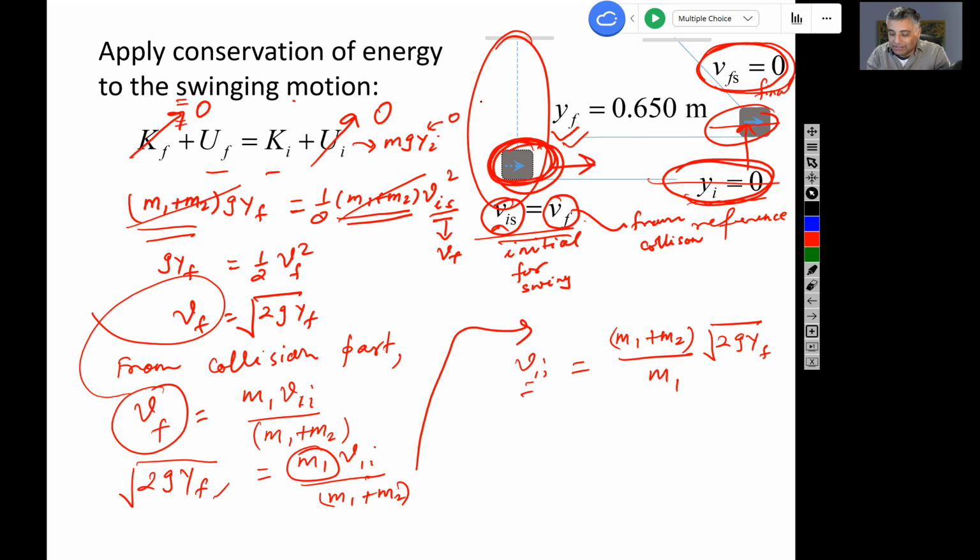Then see how high it goes, if you can measure that. Once you know that height, you can plug it in there. And if you know the mass of the bullet and block, which you can weigh, you can tell how fast the bullet is coming out of the gun. I don't know if the manual tells you how fast the bullet comes out. But anyway, that's how we use conservation of momentum.